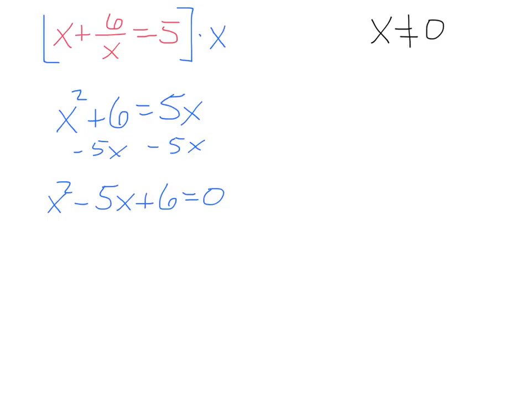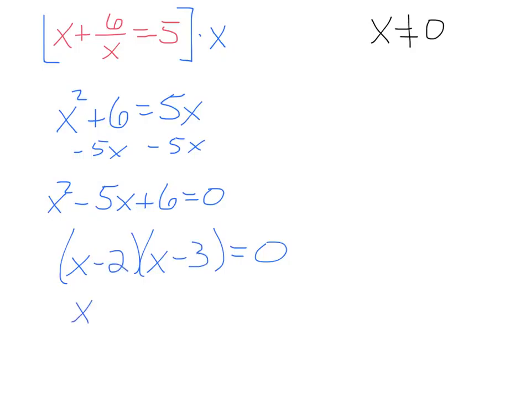Okay, but you can always just start plugging numbers in, right? A is 1, B is negative 5, C is 6, plug it into the quadratic equation. However, I do know that this factors, and so I'm going to do it that way. So I'm looking for numbers that multiply to give me positive 6, add to give me negative 5, so that'd be a negative 2 and a negative 3.